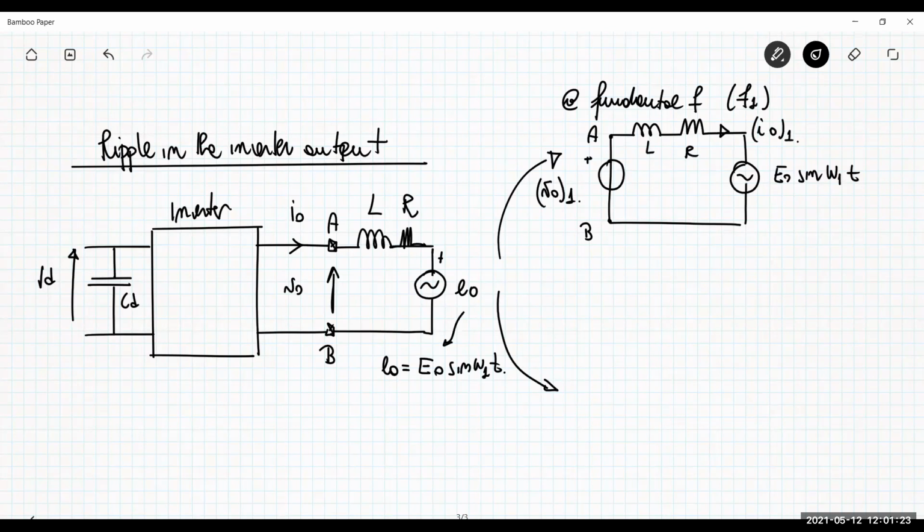And then we have another circuit, which is basically the difference between the total current, or the total voltage, and the fundamental component. So this is the circuit for the ripple.